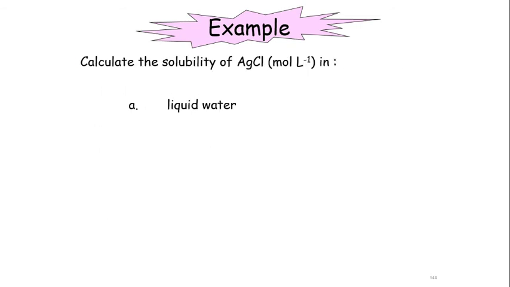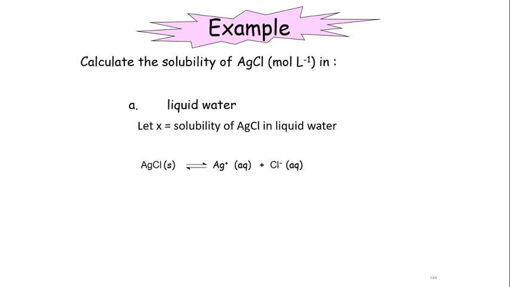Alright, for example, calculate the solubility of AgCl in liquid water. Okay, so kita let X be solubility of AgCl in liquid water. So, we write the dissociation equation for AgCl and draw the ice table.